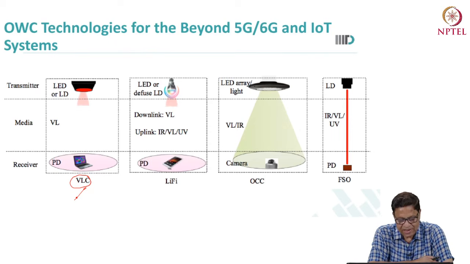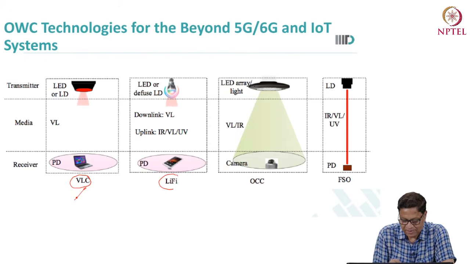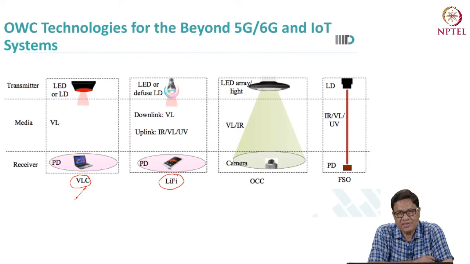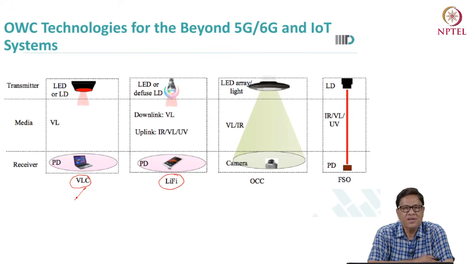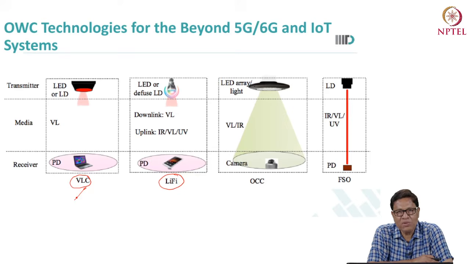The second technology for OWC is Li-Fi, light fidelity, which is equivalent to or a higher version of Wi-Fi, wireless fidelity. Because when you want to have a communication, you want bidirectional communication, you want high-speed communication, you should be able to support handover from one device to another device, or from one access point to another access point, and you should be able to support mobility of the users.